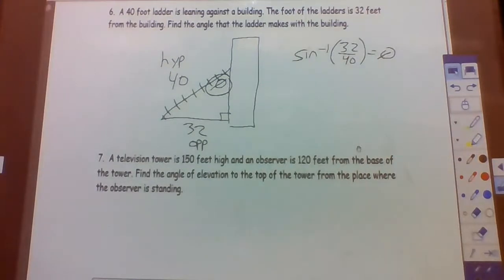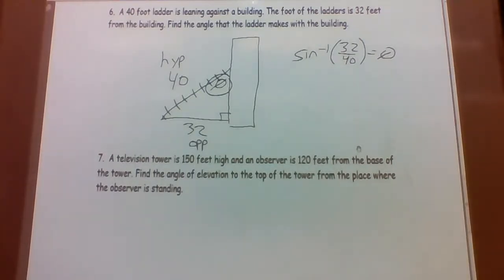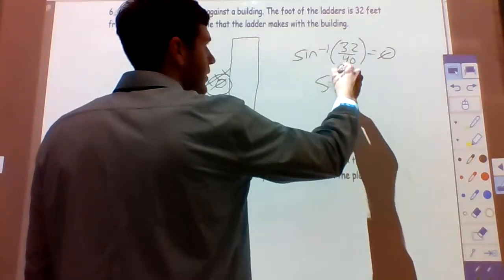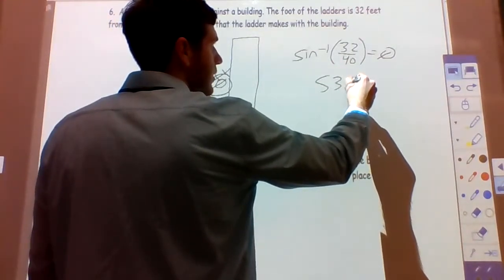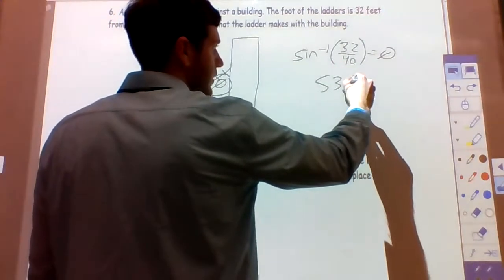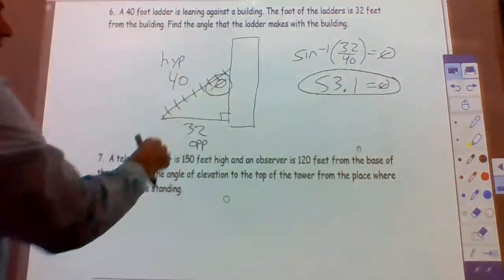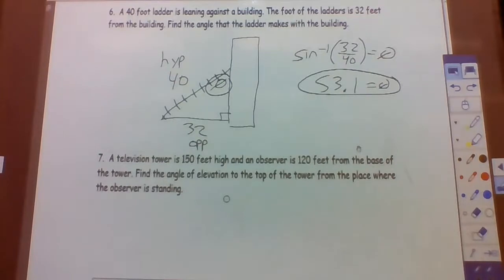Okay, so the inverse sine of 32 divided by 40, 53.1. Four over 5, I don't know what I'm thinking. Okay, our angle is 53.1.